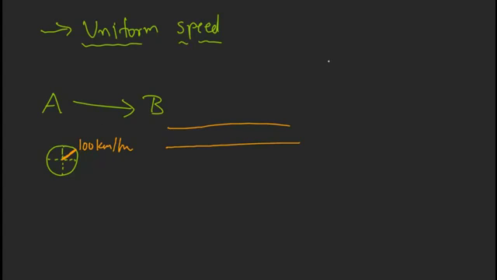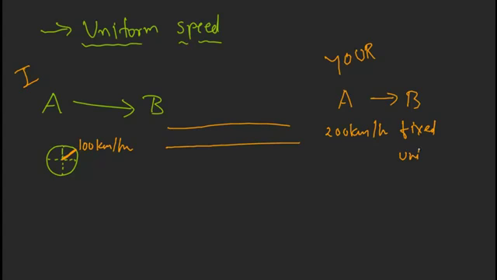Yeah, this was about me. Now let us consider your case. You are traveling from A to B at 200 km per hour, again fixed, or uniform, or constant. All of them mean the same. That is, your dial is fixed at 200 km per hour.